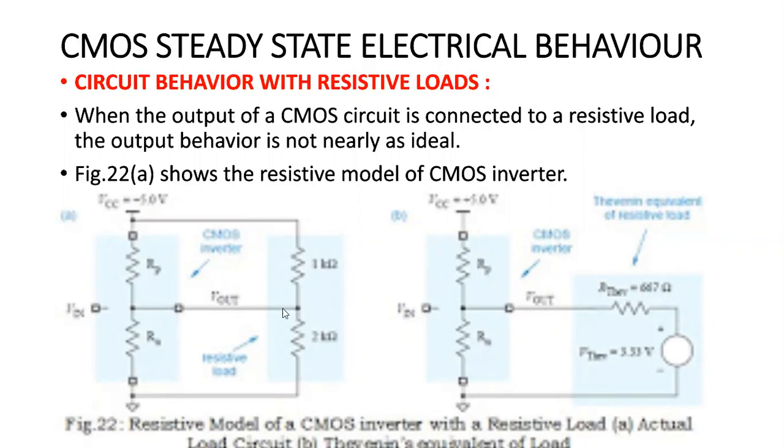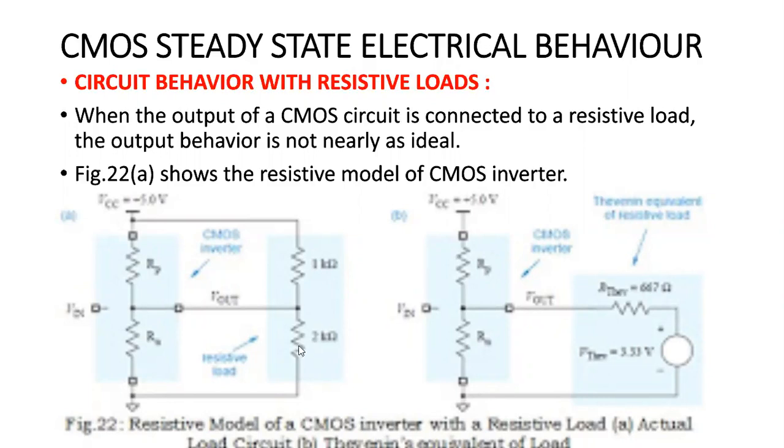Thevenin's resistance means the equivalent resistance of this circuit. Since these two resistors are in parallel, Thevenin's resistance is the parallel combination of 1 kilo ohm and 2 kilo ohms, which gives 667 ohms.